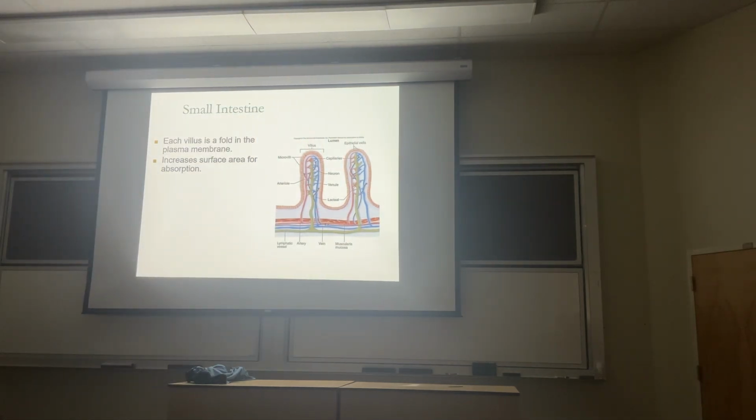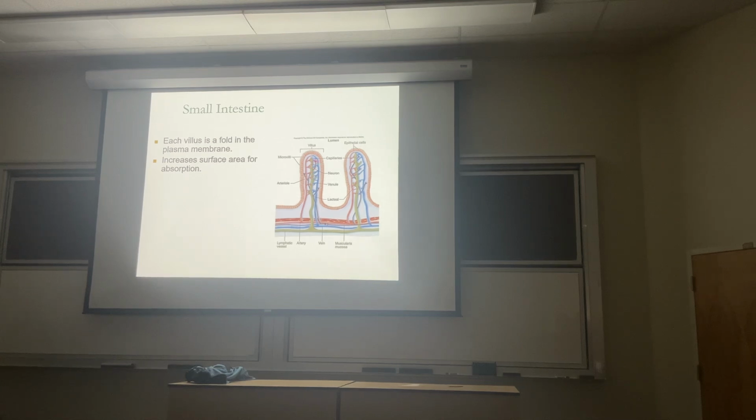Here is a diagram of a villus. This is the simple columnar epithelium on the surface. Here's the lumen. These will have goblet cells in them. And then in the lamina propria here, this connective tissue, we have the blood vessels, the arterioles and capillaries, but we also have the lymph vessels.